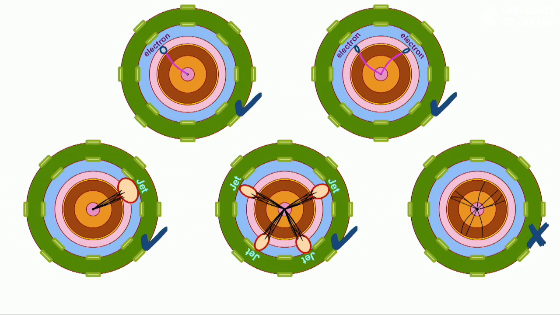For example, events with high momentum objects or large multiplicity of objects are accepted by the trigger for further processing. Events with only low energy particles are not generally accepted, as these are of no general interest, since they correspond to low Q-square processes. It would also be impossible to store and process those, as they are the most common ones.